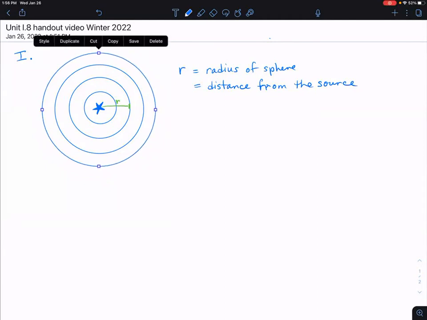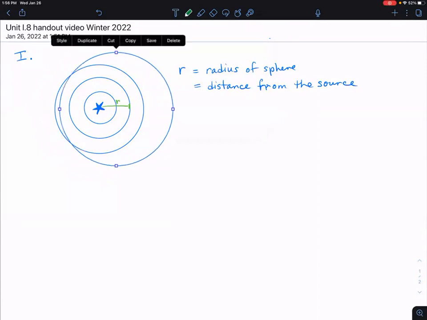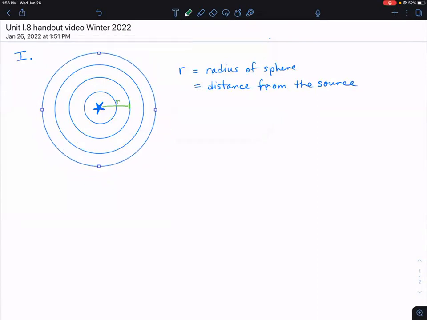So let's say that that's a distance R. And then let's say we're comparing the sound at that distance, light green R, with the sound that's reaching out to here. We'll have that be our dark green R. So we'll call that R2, and we'll call this one R1. Okay, so we're comparing the sound at different distances away from the source.